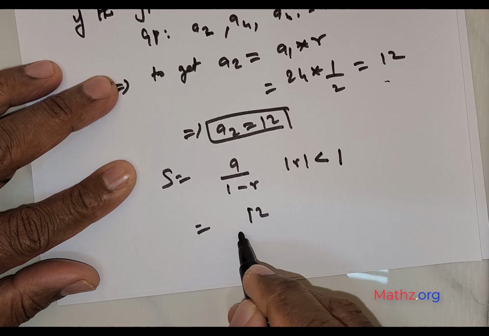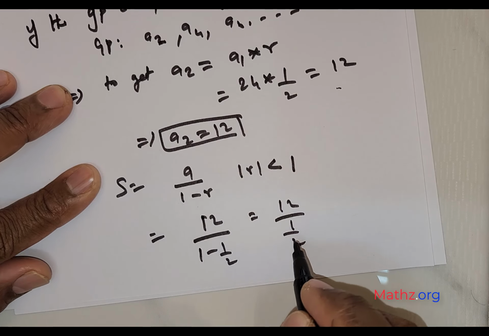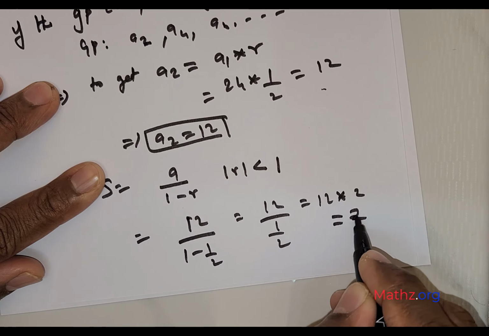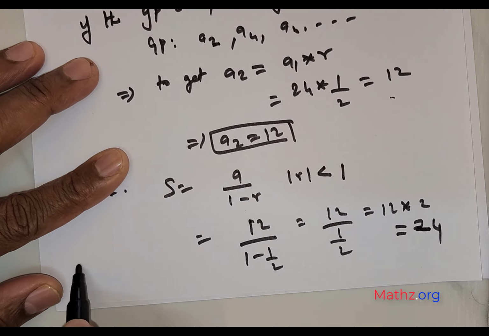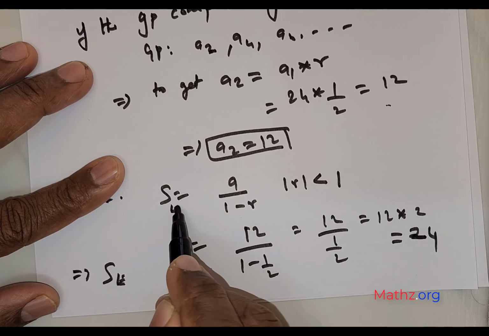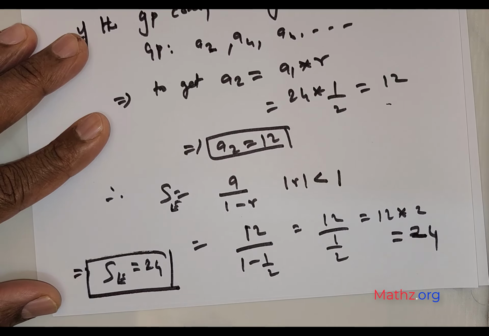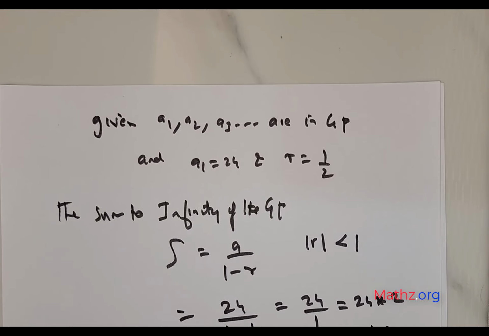So 12 divided by 1 minus 1 over 2, that's r, which is 12 over 1 over 2, and that means 12 multiplied with 2, which is 24. So we got the all important S, the sum to infinity. You can just place the suffix E there, because that's what the question has given us. So S suffix E is equal to 24. You can box that result and conclude the question. So we move on to the next one.